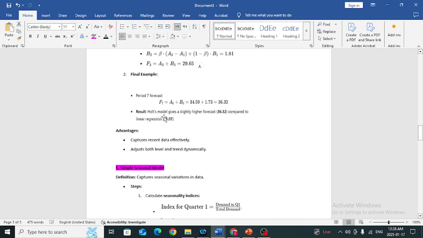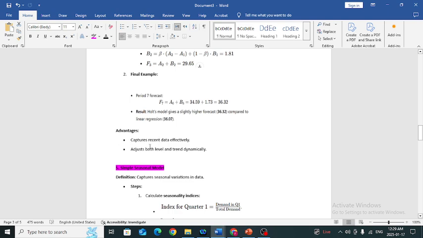36.32. The Holt model gives a slightly higher forecast, 36.32, compared to linear regression. As you can see, with linear regression before the Holt model we found 36.07, and using Holt's formula we find that the forecast is 36.32.